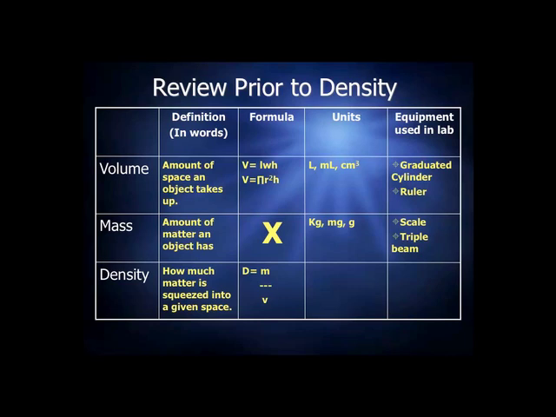Milligrams? Nope. Kimberly? Grams. Nope. Matt? Gram per centimeter squared. Close. Very close. Cubed. Yes. Grams per cubic centimeter or grams per milliliter are the units that we use for density. It depends on how we measured the volume and mass. So it's a unit of mass over a unit of volume.